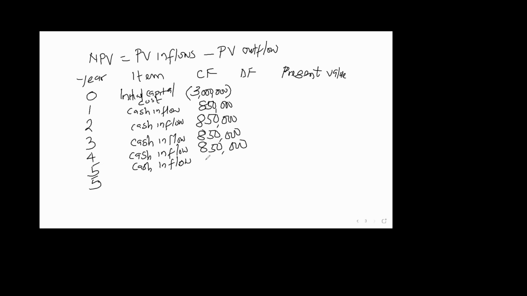It's an inflow, 850,000. Also in year 5, there's a salvage value. You can dispose that equipment, that is the salvage value. It's also called the scrap value. You can dispose the equipment to get 0.5 million. That's 500,000.